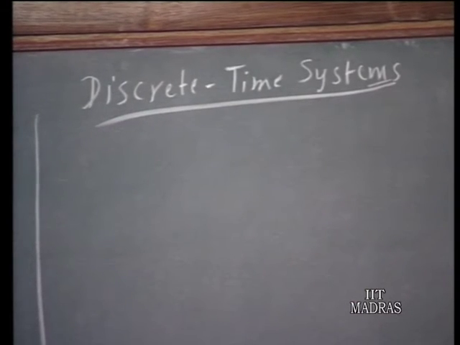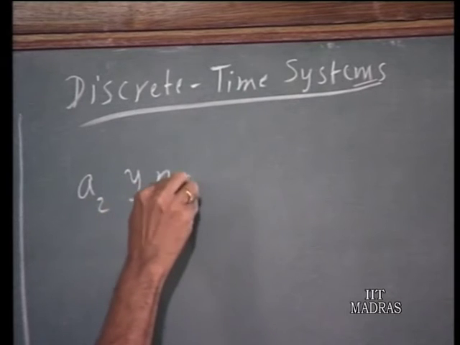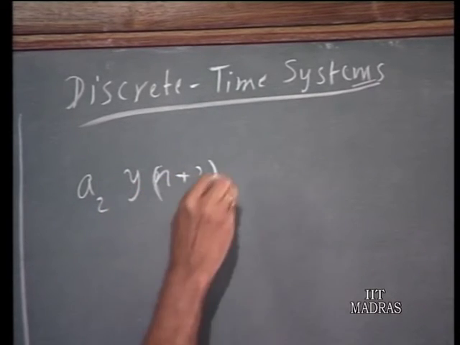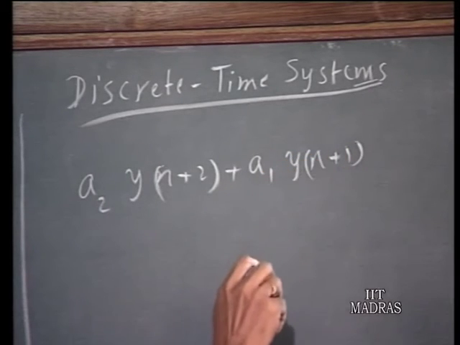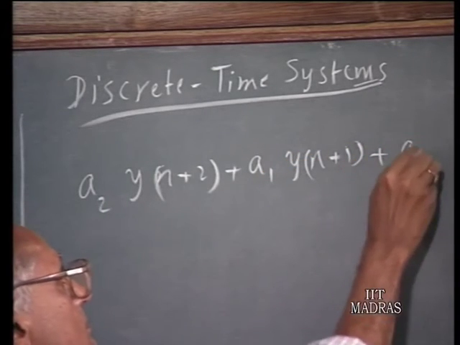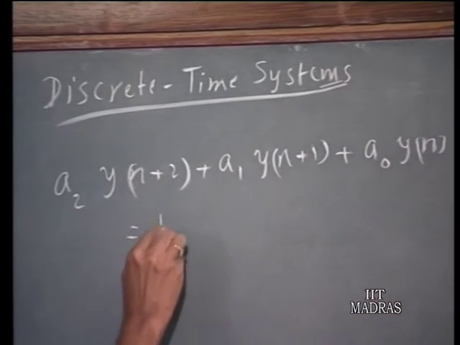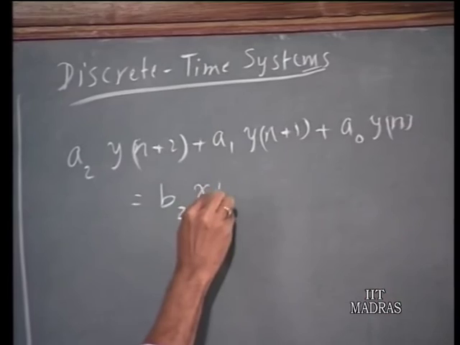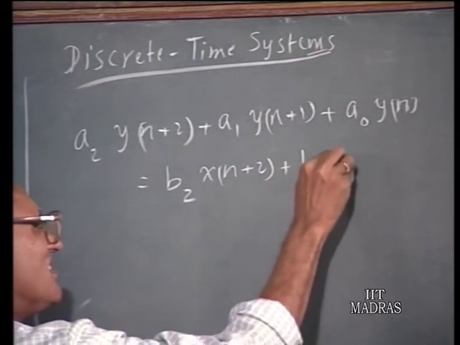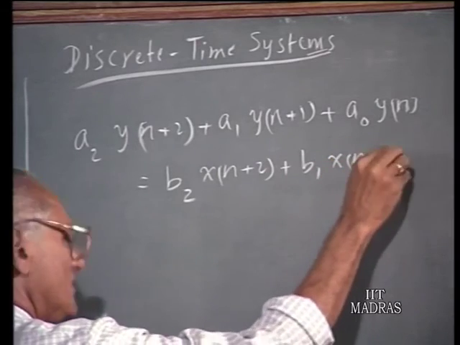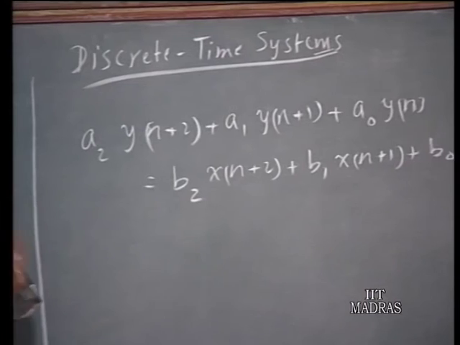As an example, let us take a second order discrete time system, with B naught x[n].